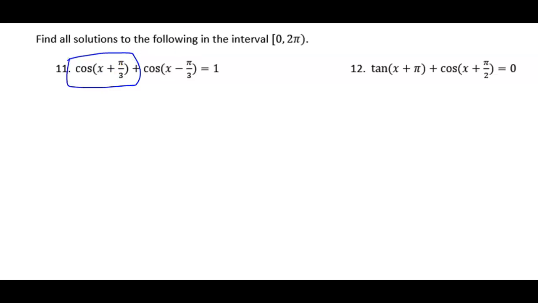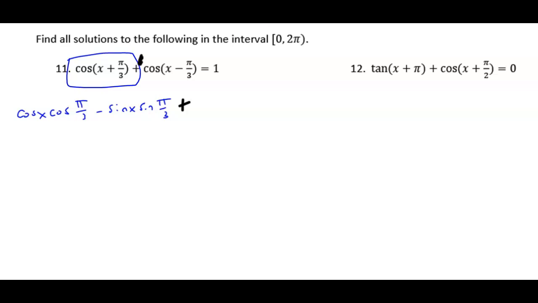So I'm going to do this one in blue. So this is going to be cosine of X, cosine of pi over 3, minus sine of X, sine of pi over 3. Cosine of A, cosine of B, minus sine of A, sine of B. All right. Now, I'm going to do the same plus sign that's right there.